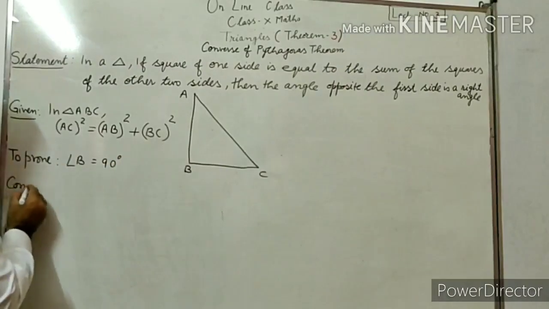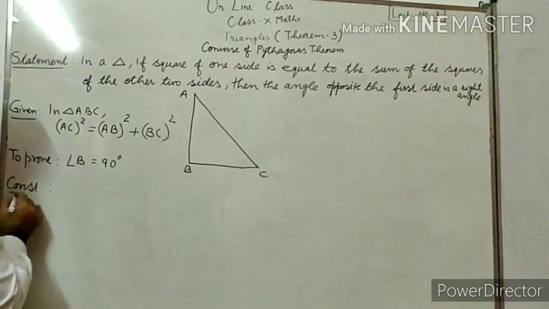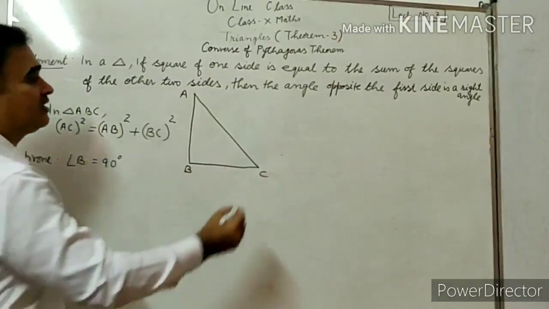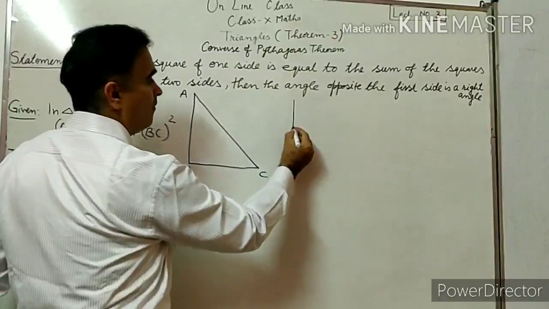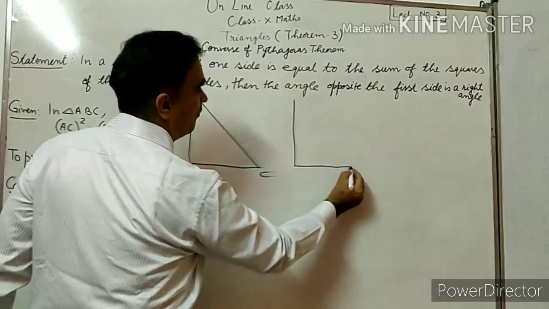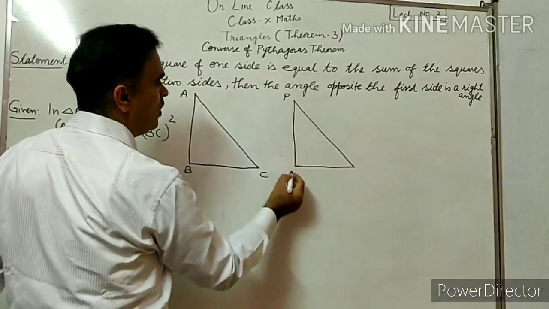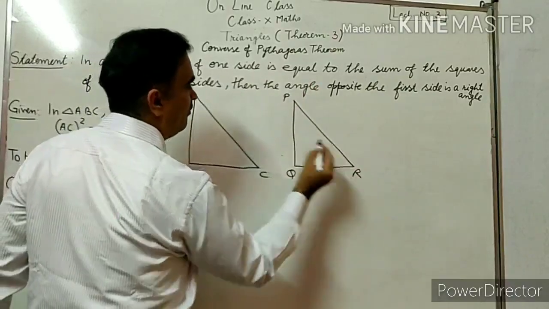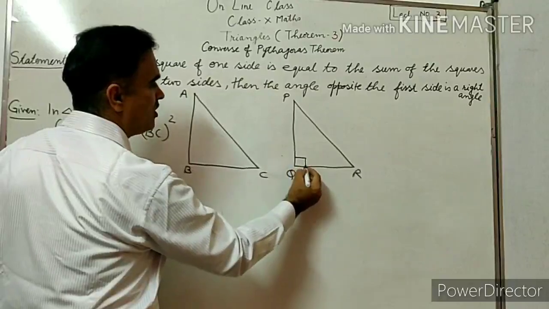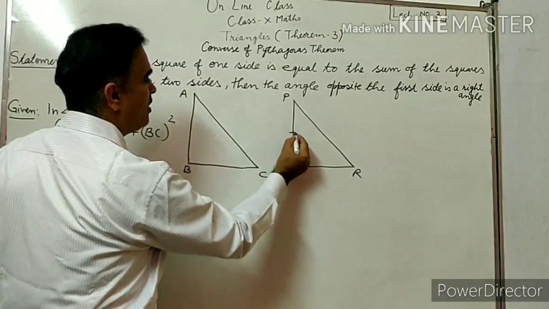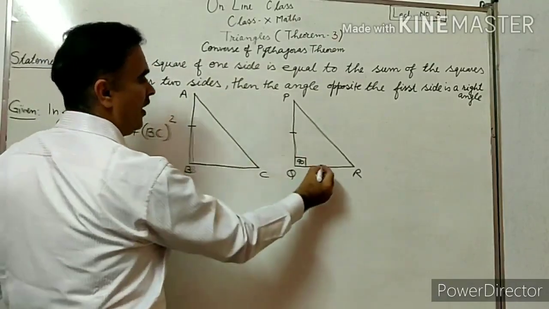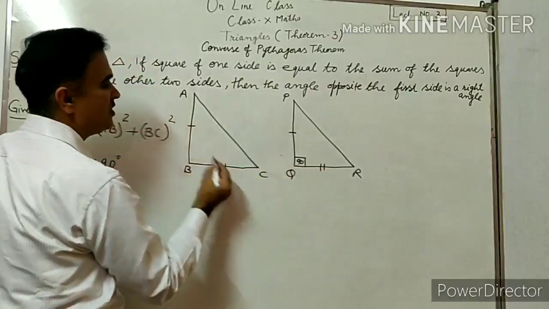Again, construction for proof. We are to draw another triangle PQR such that angle Q is 90 degrees and PQ equal to AB and QR equal to BC.